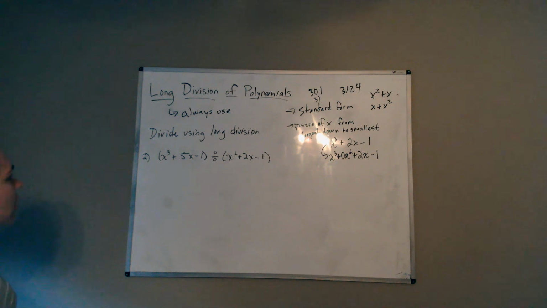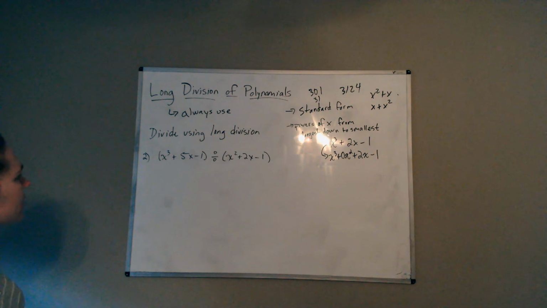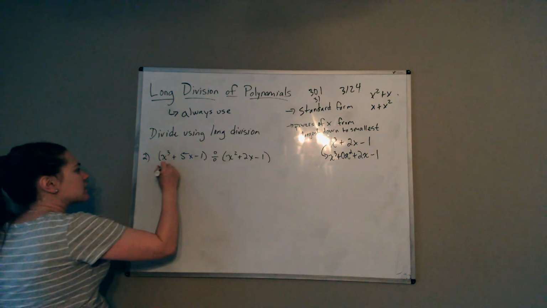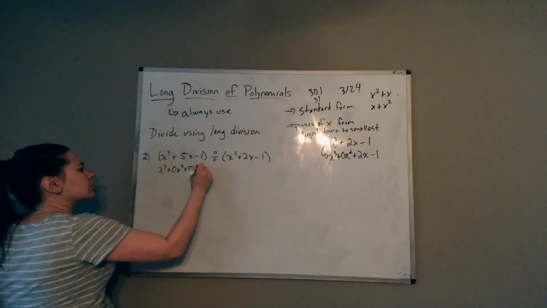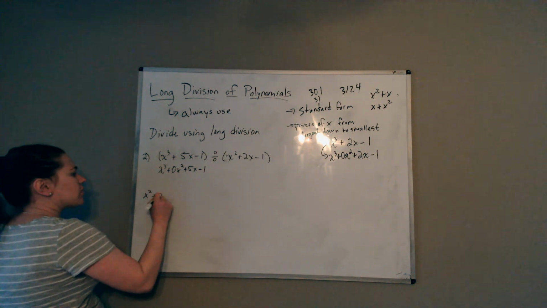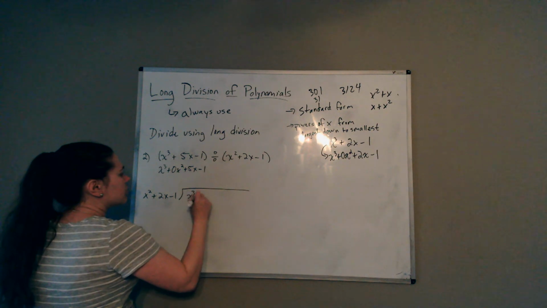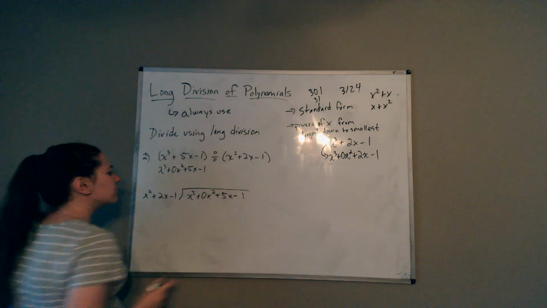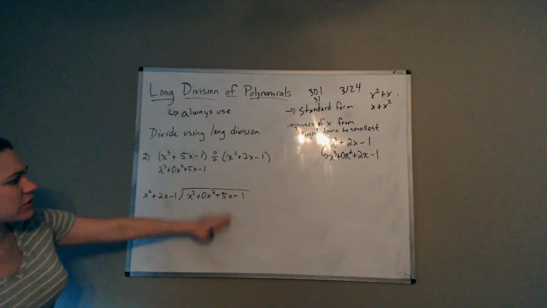So if you notice, we have third degree, second degree, they're both in standard form, except this one doesn't have the 0x squared, so I'm going to put that in there. Okay, this is my divisor, x squared plus 2x minus 1, divided by x to the third plus 0x squared plus 5x minus 1. So we've got all of our powers of x.